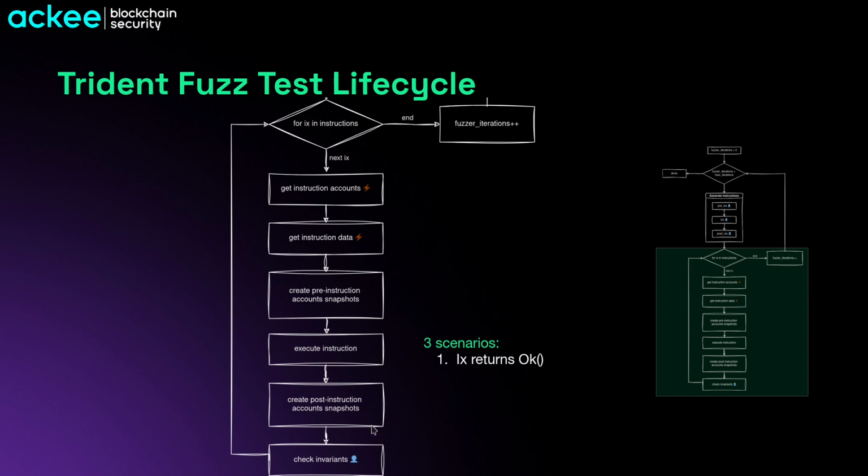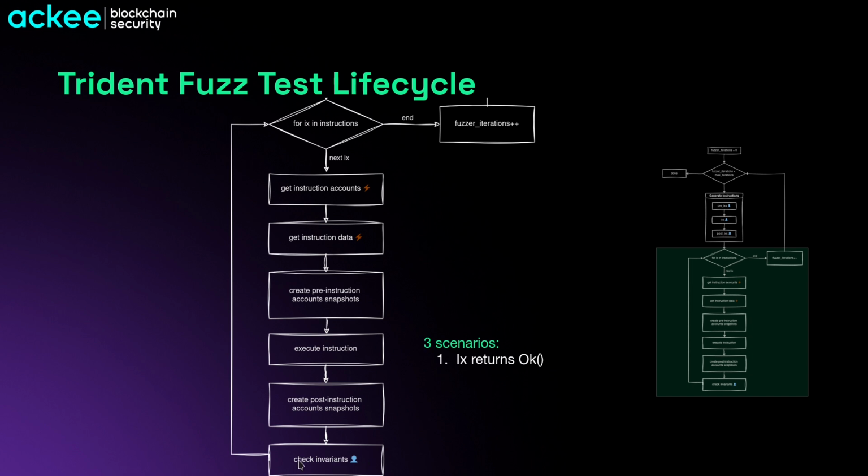Once we have these two snapshots of the accounts before and after the instruction execution, the last block is executed. This is the check method, which is optional and where the developer can specify different invariant checks based on the data in the accounts before and after the instruction, and also based on the instruction data.